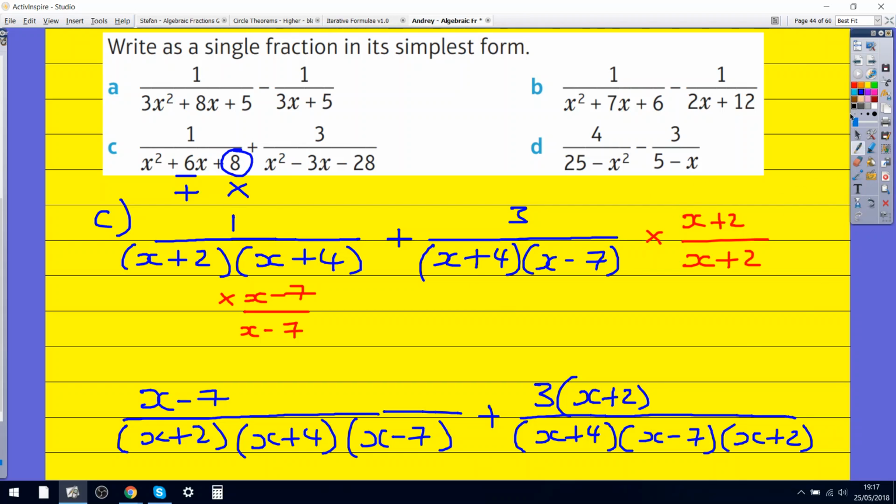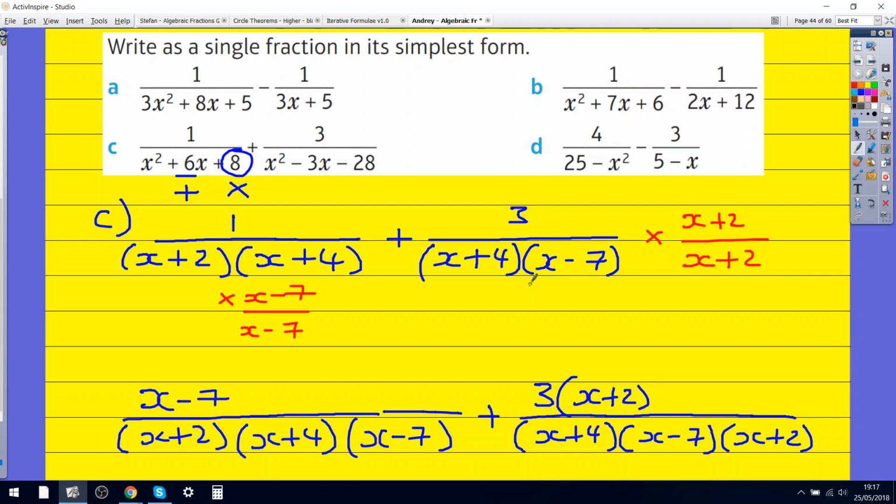Don't I need to cancel out the numerator and denominator? No, that would bring you back to where the question is. Sorry, so I need to add the numerators together.